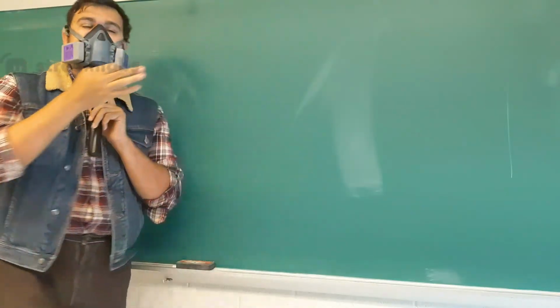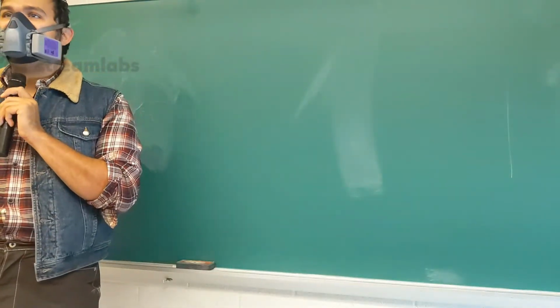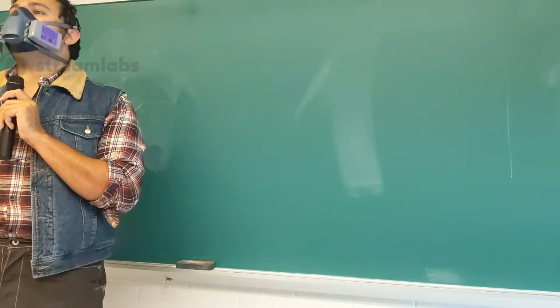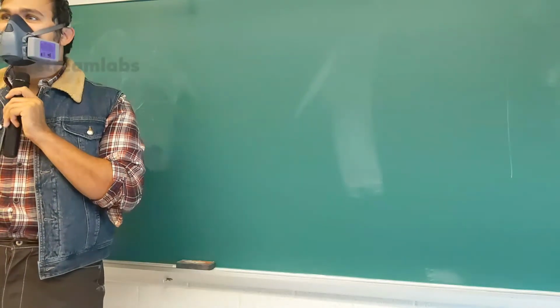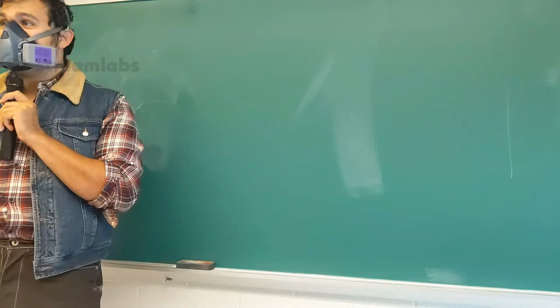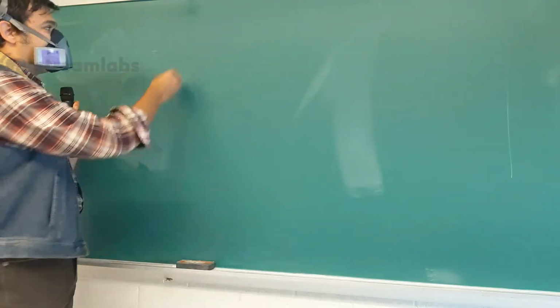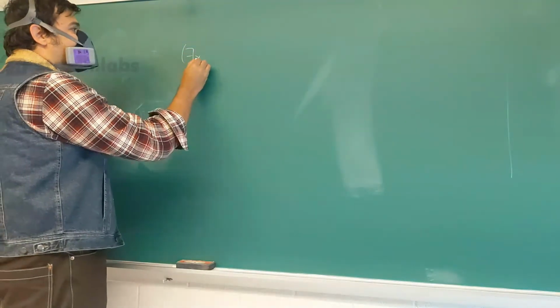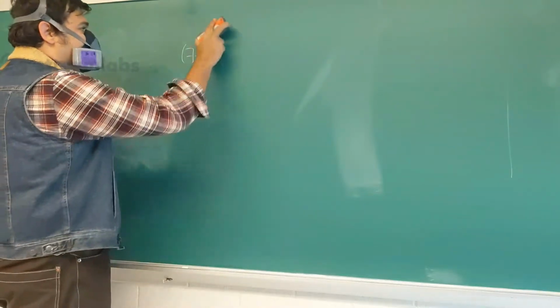Maybe I can simplify it further by just saying there is a cat that is fat and there is a cat that is white. That's simple. How would I say that? Any ideas? You do existential. Good. So there exists an X such that what?